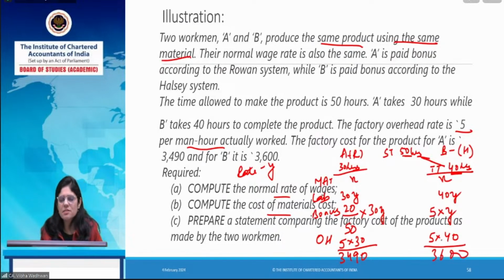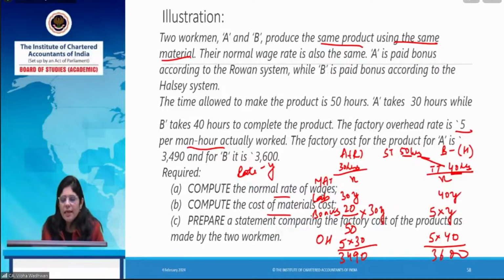So students, this is how you have to do it. I'll just repeat it again. Material we have assumed as X because it's not given and both are using the same material. We don't know the labor rate per hour, so labor is 30Y, 30 hours into rate per hour Y that we have assumed, and this is 40Y.